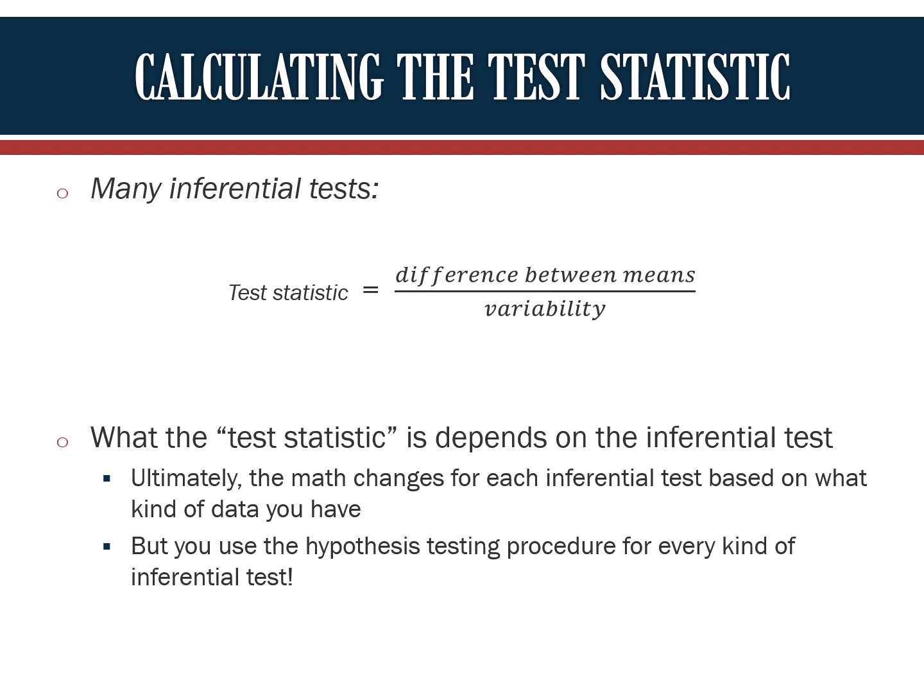So we'll revisit this idea in more detail when we talk about the z-test, the t-test, the ANOVA, correlation, regression, etc. We'll talk about how the math changes for each test and how the type of data you have influences which test you choose. But regardless of what specific inferential test you do, the hypothesis testing procedure stays the same. So in part 3 and part 4 of our course, once we're finished with hypothesis testing in exam number 2, we're going to revisit this hypothesis testing procedure. That's going to be the same thing we use with the other inferential tests we do.